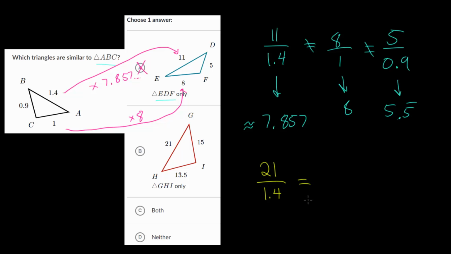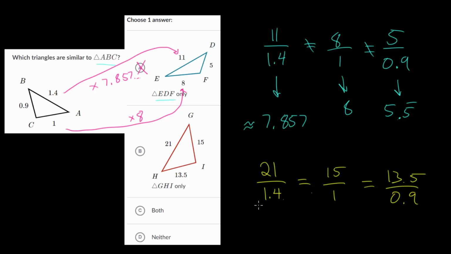And if these are similar, then this will be equal to the ratio of the middle side here to the middle side here, which will be 15 for that one and 1 for that one. And likewise, if we look at the smallest sides, we have this 13.5, and we'll divide it by 0.9. And again, we'll need our calculator to simplify all of this.